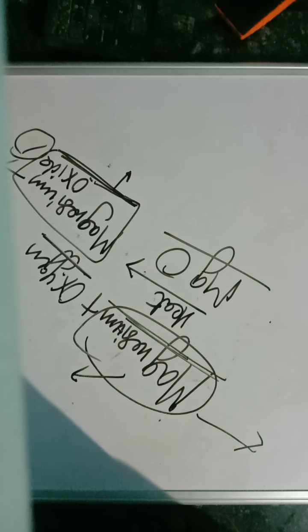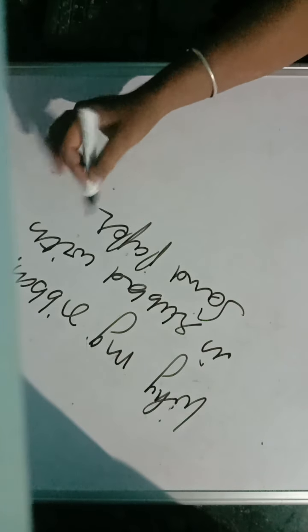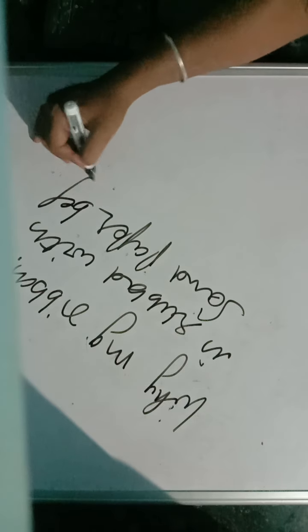So the magnesium should be burnt by keeping it as far away as possible from the eyes. So what do we conclude? Why is magnesium ribbon rubbed with sandpaper before burning?